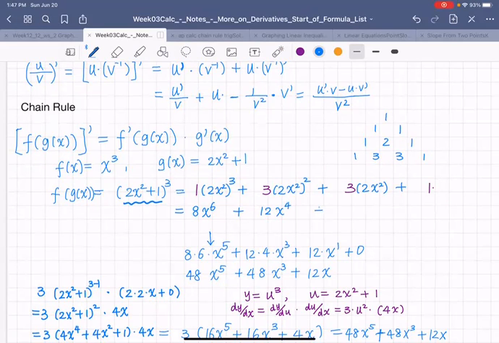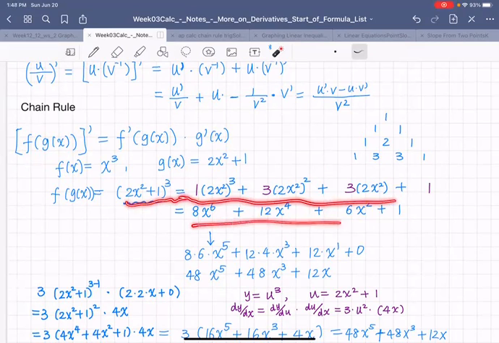Good. Plus 6x squared. That's it. Okay. Now, if we don't use this chain rule, we can expand this guy into here.